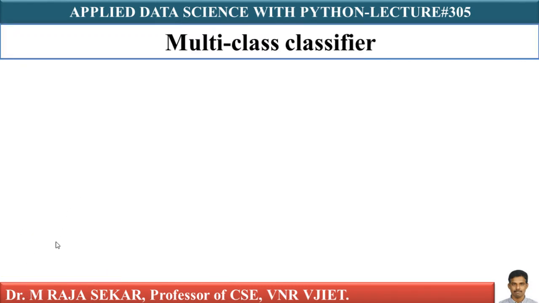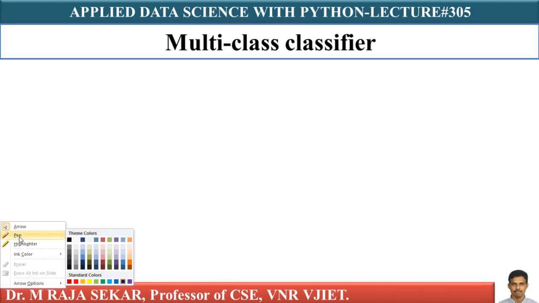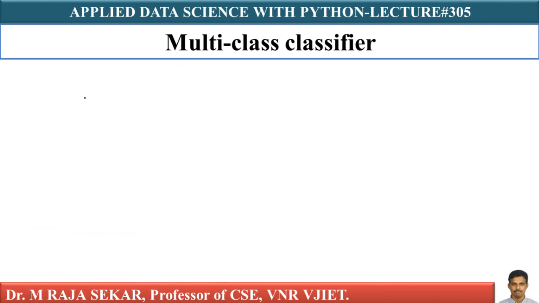In this lecture, we will try to understand multi-class classifier. So, we have seen a binary classifier. A binary classifier is a classifier wherein your yi belongs to {0, 1}, because you have only two classes, that is 0 class and 1 class.